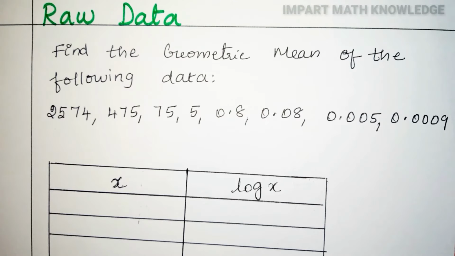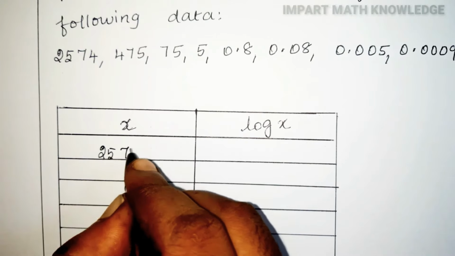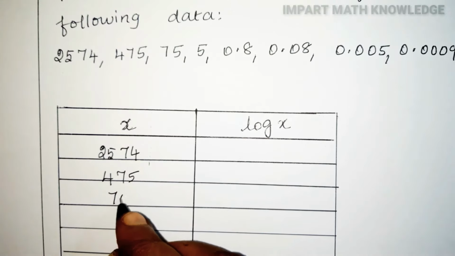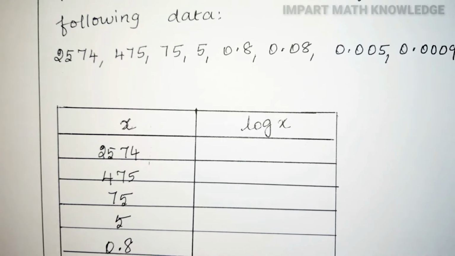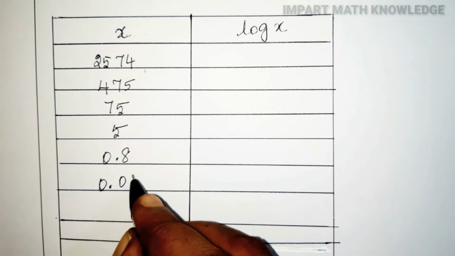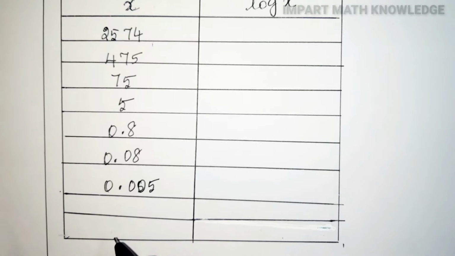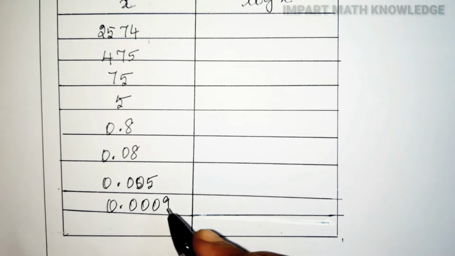First one, raw data. We have to find the geometric mean for the given data. The values are 2574, 475, 75, 5, 0.8, 0.08, 0.005, 0.0009.